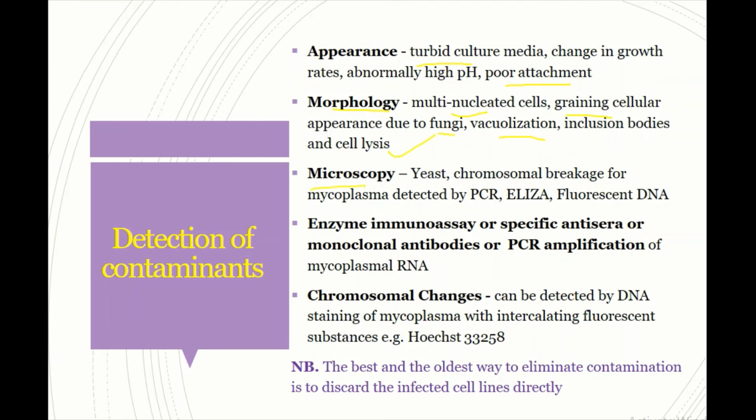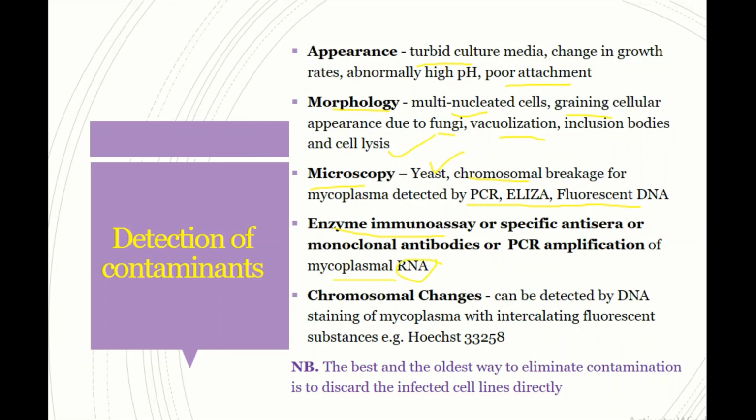We also need to do microscopy to observe and confirm if it is yeast, if there is probably chromosomal breakage for mycoplasma, which you can also detect using PCR, ELISA, and fluorescent DNA. We can also use enzyme amino acids or specific antiserum and monoclonal antibodies or PCR for mycoplasma RNA.